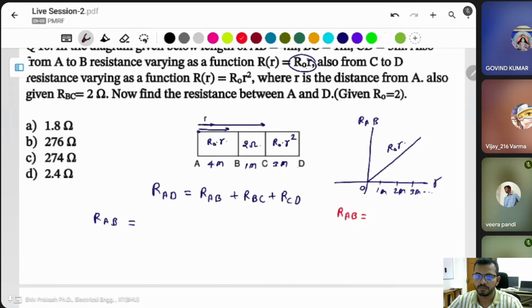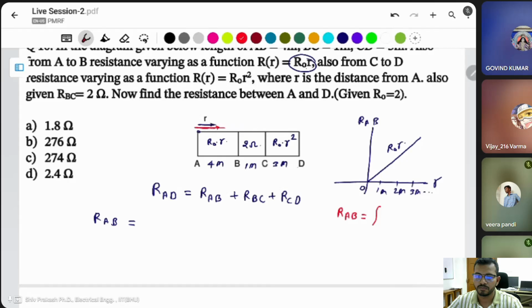You can find it using integration, because an exact value is not given. Resistance is given with r as the distance from A. It means this is a varying resistor, not a constant resistor, and the varying resistor depends on the distance.